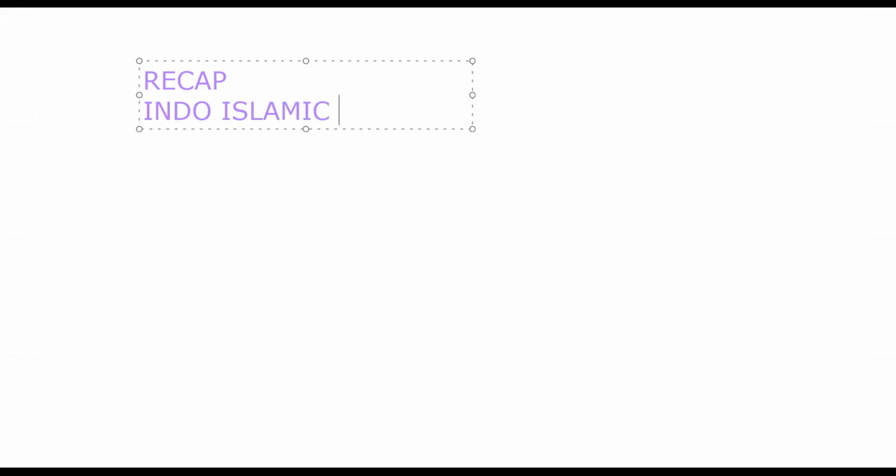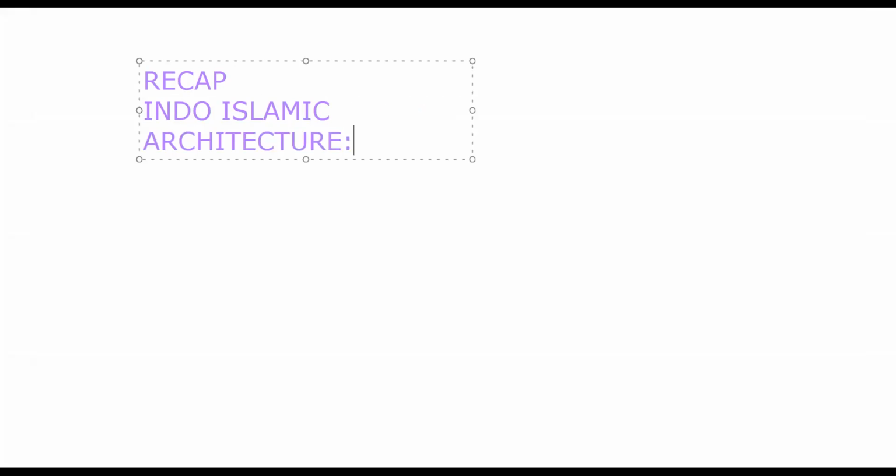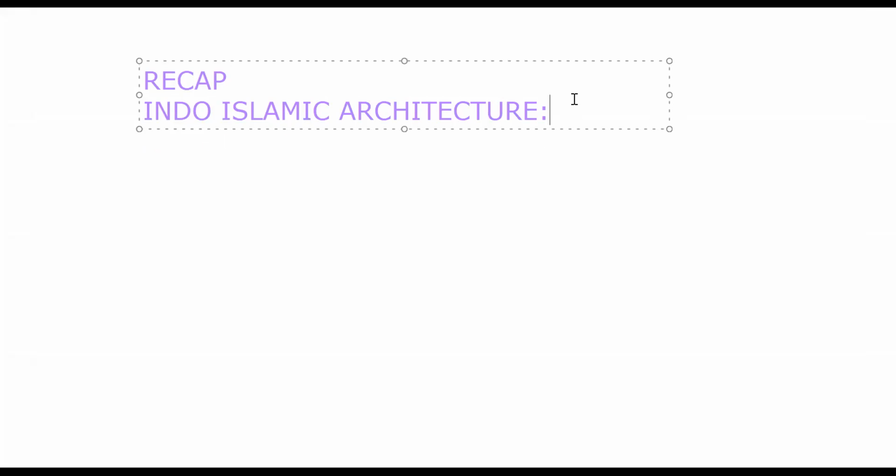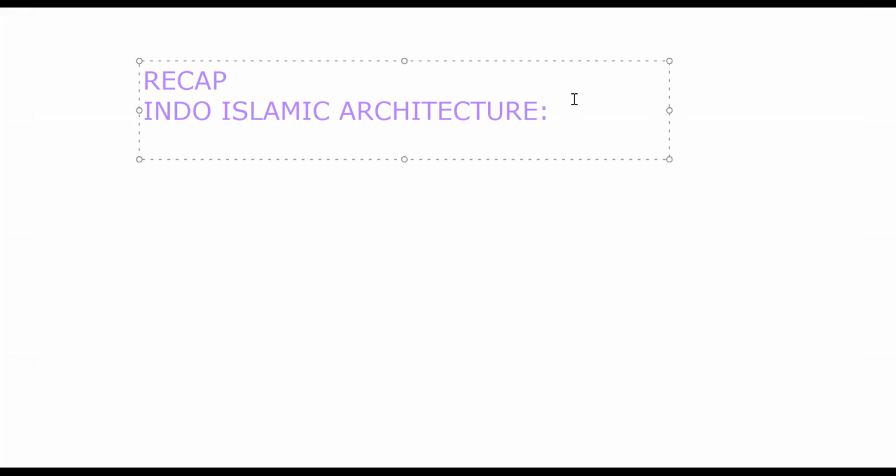So, today's recapitulation was only about the Indo-Islamic architecture. In the Indo-Islamic architecture, we discussed different types of monuments. We discussed one type known as true arcs. What are true arcs?